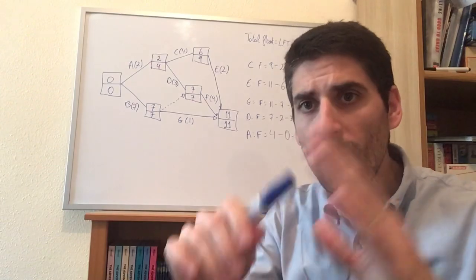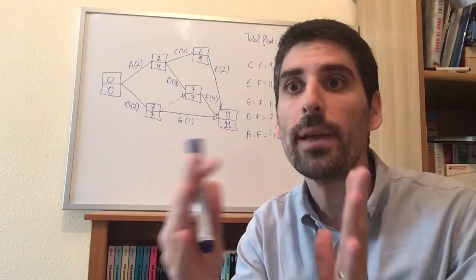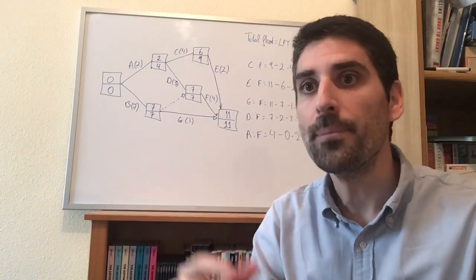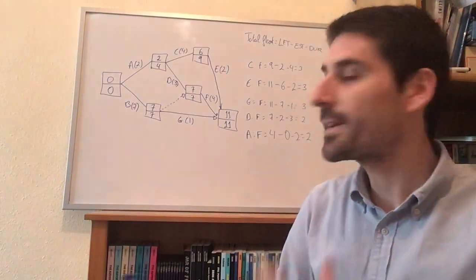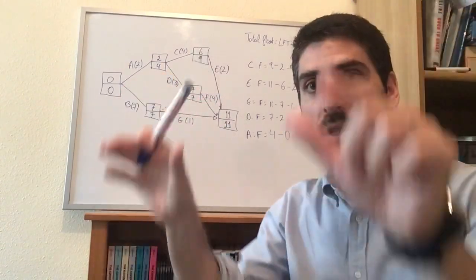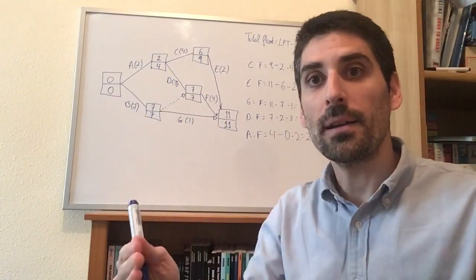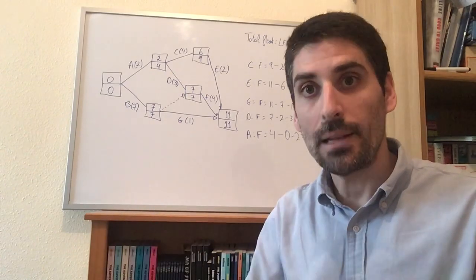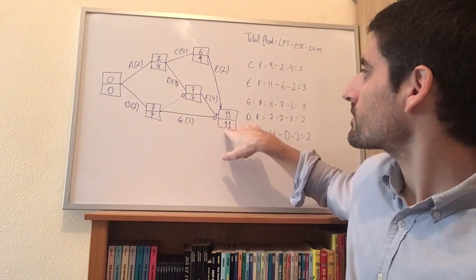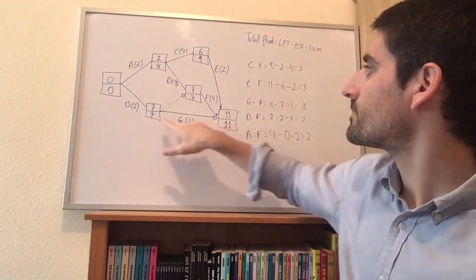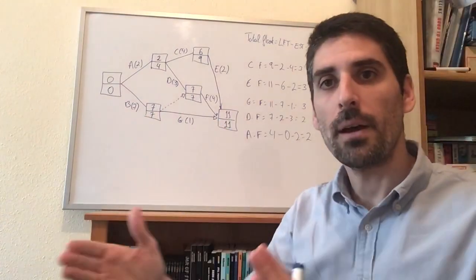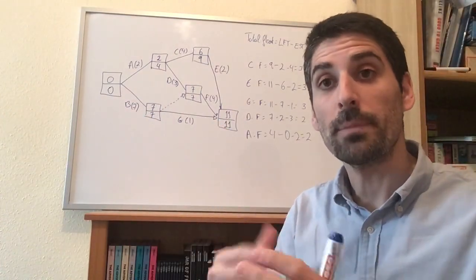So maybe a way to identify the critical activities a bit more clearly would be to say which activities are between boxes with the same early event times and late event times. So these two boxes here have got the same early and late event time, so the activities in between must be critical.